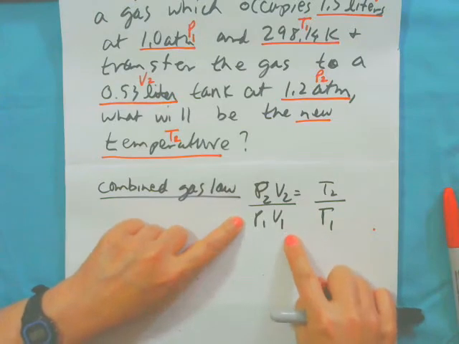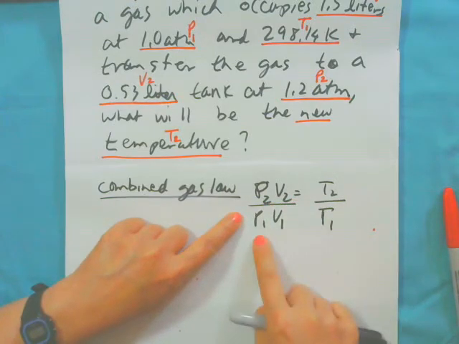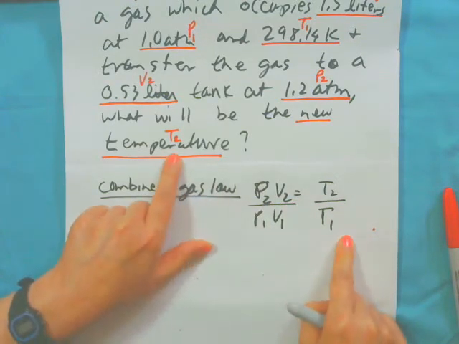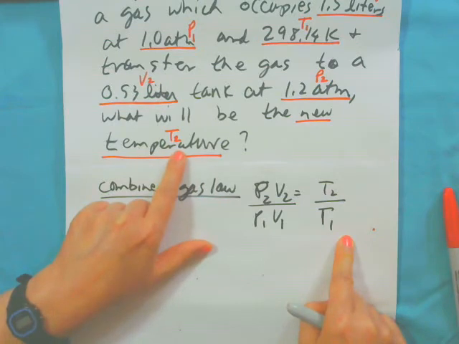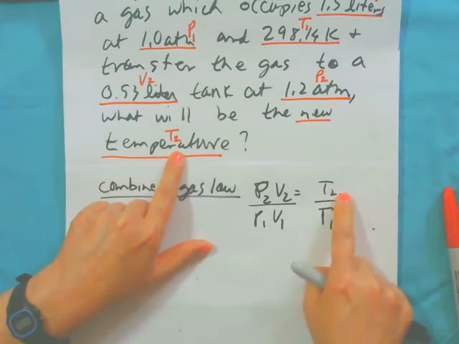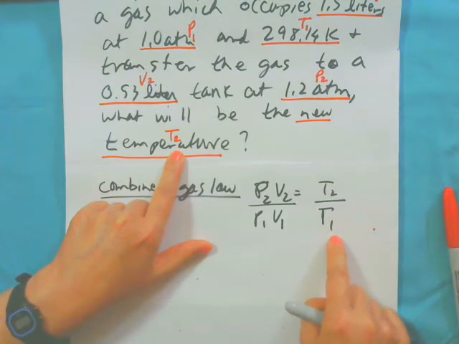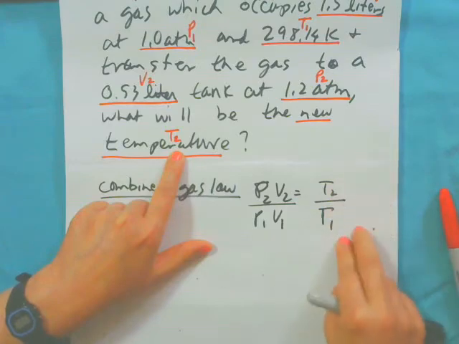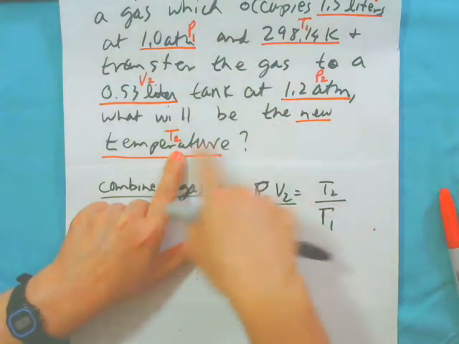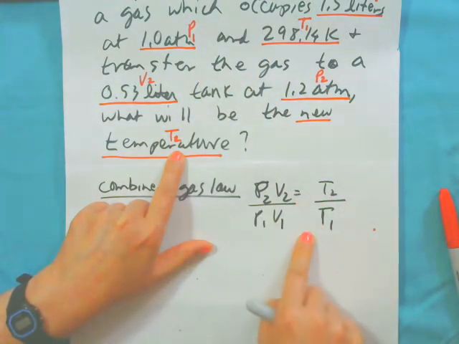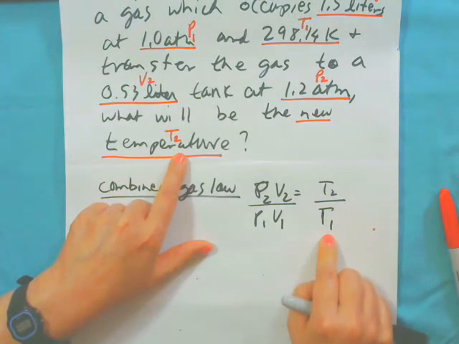And why did I not write 1 on top and 2 on the bottom? Well, because the equation solves for T2. If I have T2 up here, it makes the algebra a little bit easier than if I have T2 down here, because then you'd have to flip the equation. So if you look at the equation and do it that way, you save yourself a little bit of algebra time.